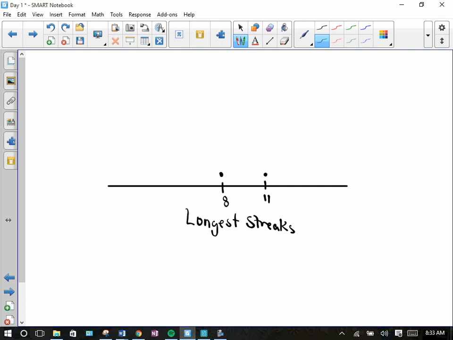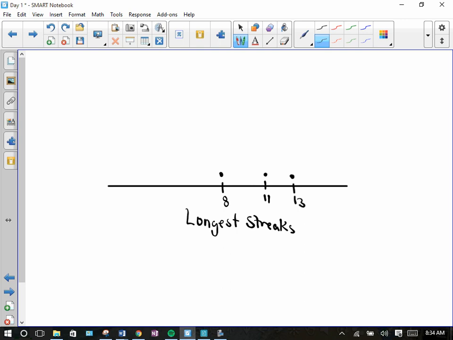Put a dot there. So this is 2 simulations. Let's say the next time we got a longest streak of 13. We put a dot there. We continue doing this. We want to get like 100 simulations. It would take us a while to lay these cards down 100 times and shuffle them back up 100 times.